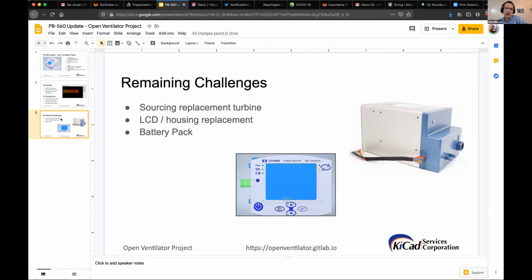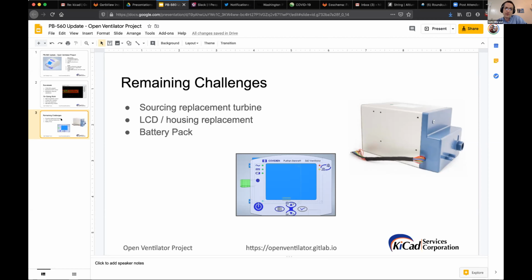This is produced by Airfan in France. They are currently massively behind stock, and they are not providing these to any customers who were not already established prior to the COVID-19 crisis. And so we are actively looking for replacement turbines.